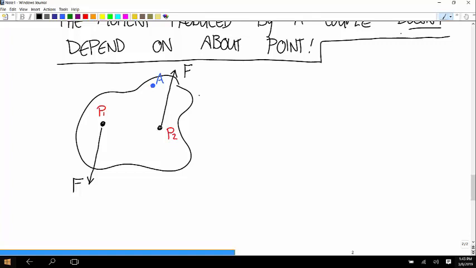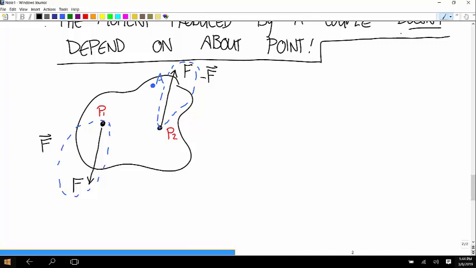Okay. And the one at the place I'm calling P1, I'm going to call that the vector F. And that means that the other one I'm going to call negative F. So what I'm going to do is calculate the total moment produced by this, which means calculating the moment produced by F and then calculating the moment produced by negative F and adding those two together.